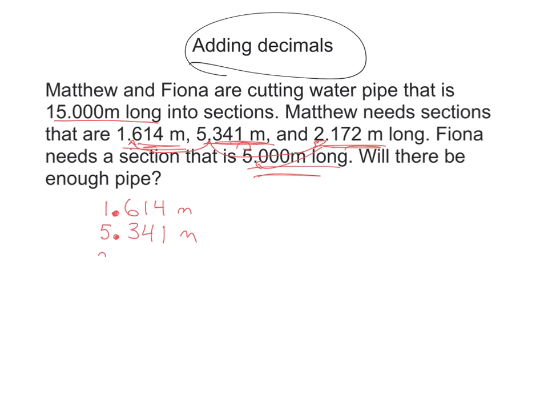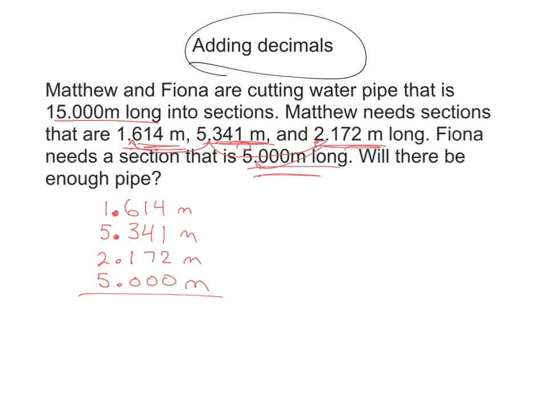And then I'm going to put the 2.172 meters here, and then the last thing is I'll put my 5.000 meters here. So just like stack adding, we're going to add up a column, and then we're going to regroup, and if we have to put more in that next group, that is just fine.